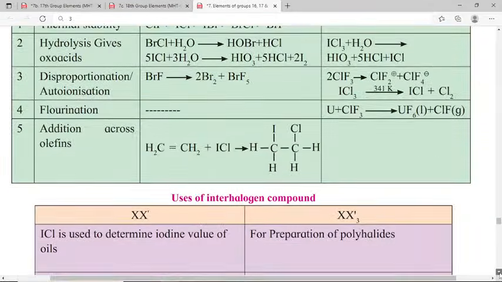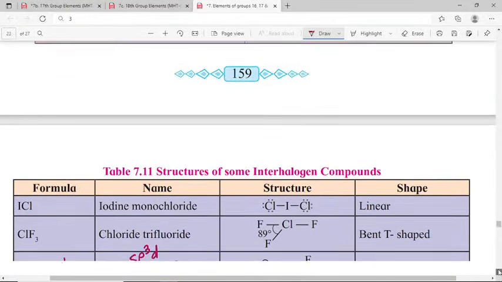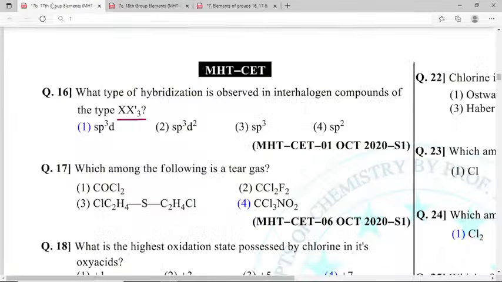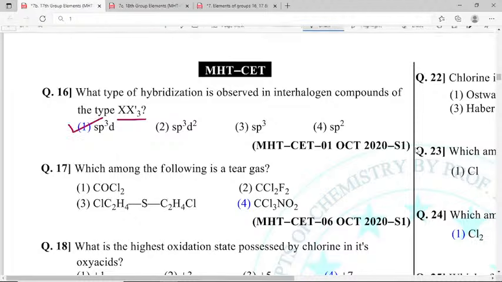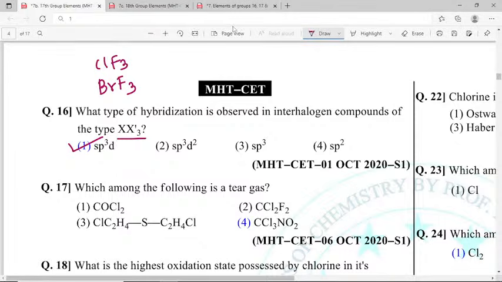Type of hybridization sp3d. sp3d is the hybridization of XX'3. Examples are BrF3 or ClF3, both are examples. No, this is penta, 5 types. So this is 5.